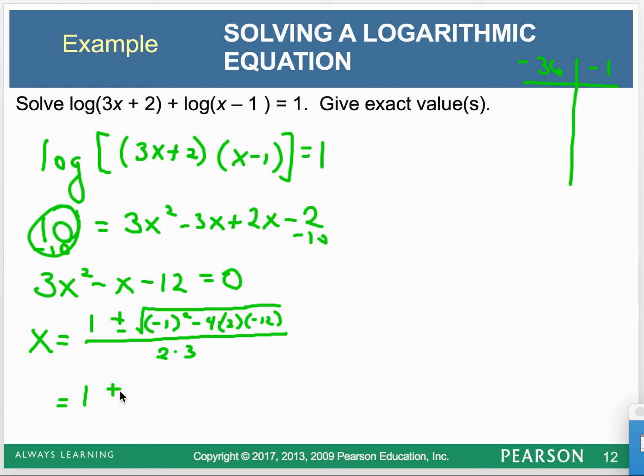So we have 1 plus or minus the square root of 1 plus 144, right? Is that a 3? Yeah. 12 times 12, 144, over 6.